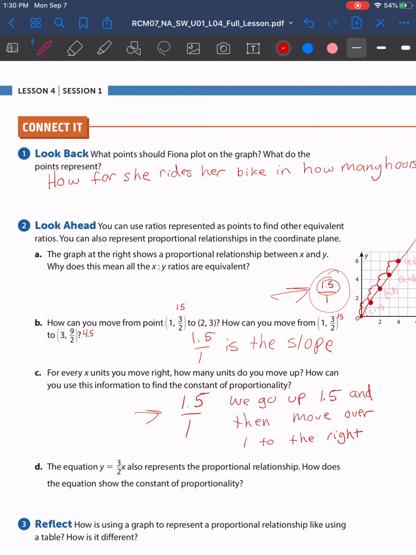If you can find the slope, then you can find the constant of proportionality. Okay? Constant of proportionality is slope. Slope is rise over run.